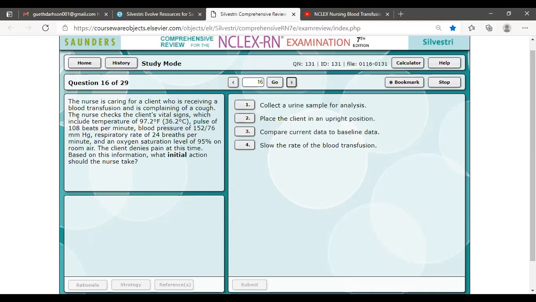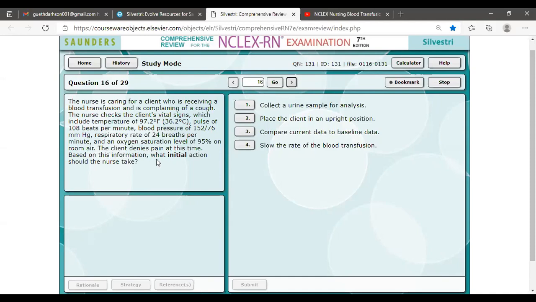It is more than normal, right? And blood pressure 152 over 78, so a little bit higher. Respiratory rate is 24 per minute. And oxygen saturation level 95% on room air is almost normal, 96 to 100, 95. The client denies pain at this time.